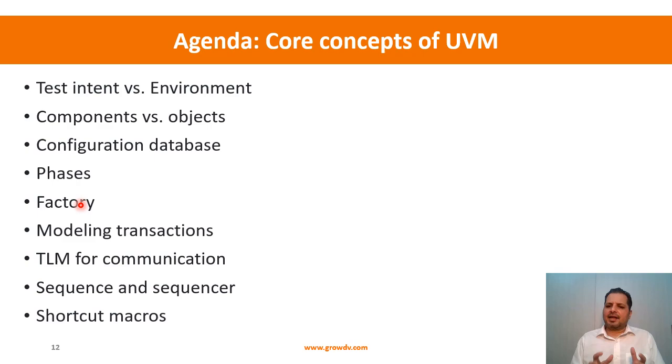So the same idea: you have to follow certain rules, and because you follow those rules you get some additional flexibility. In this case, without having to go and change the environment code, you can replace one component with a different component, and that's a very good thing in my view, right? You can change the test bench hierarchy without changing the core test bench code. That is the functionality provided by the factory.